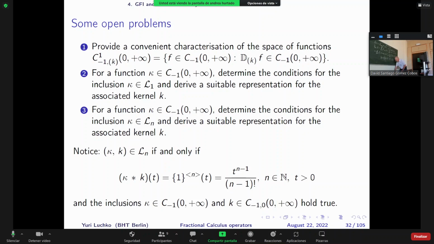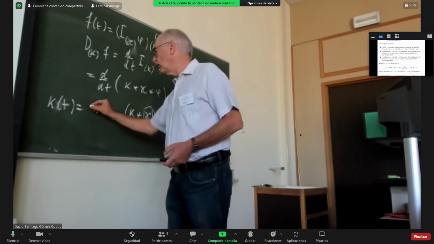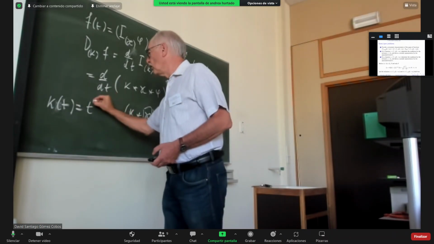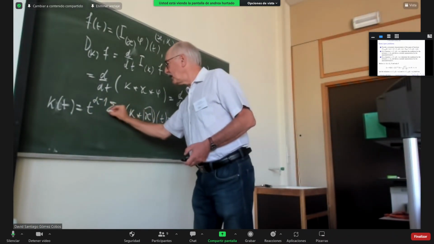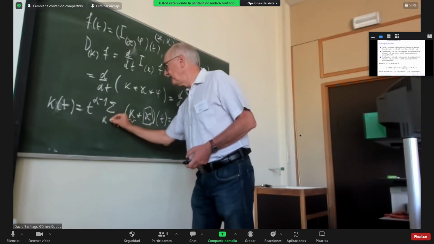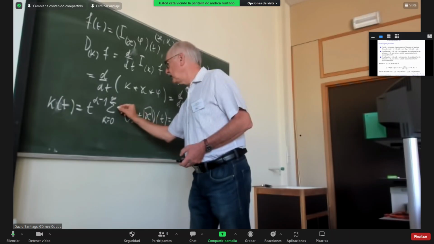Of course, it's not a new problem. What is new here, or difficult, is of course the space of functions, because Sonine solved this problem in the special case when the functions are represented in the form of power law functions multiplied with some analytical functions, not continuous ones.